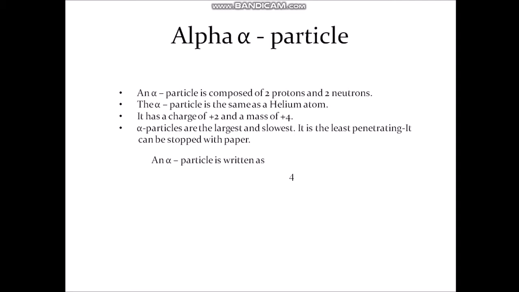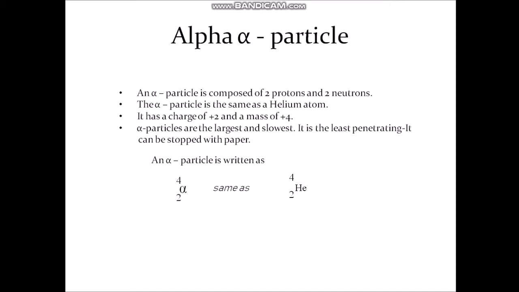An alpha particle is written as alpha with a subscript of 2 and a superscript of 4. The 2 indicates the atomic number and the 4 indicates the mass number. This is how atomic number and mass number are written in radioactivity.